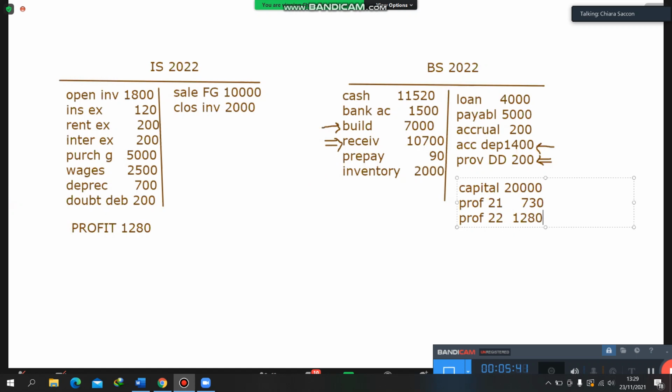So the total amount on both sides, $32,810. Okay, so now you have the solution of this exercise connecting two periods.